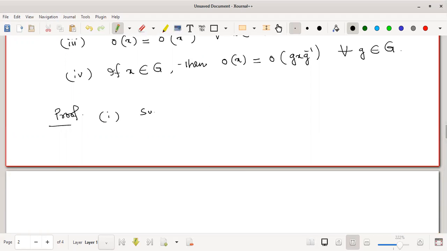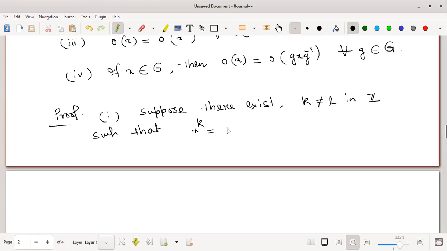Suppose there exist k not equal to l in Z such that x to the power k equals x to the power l.